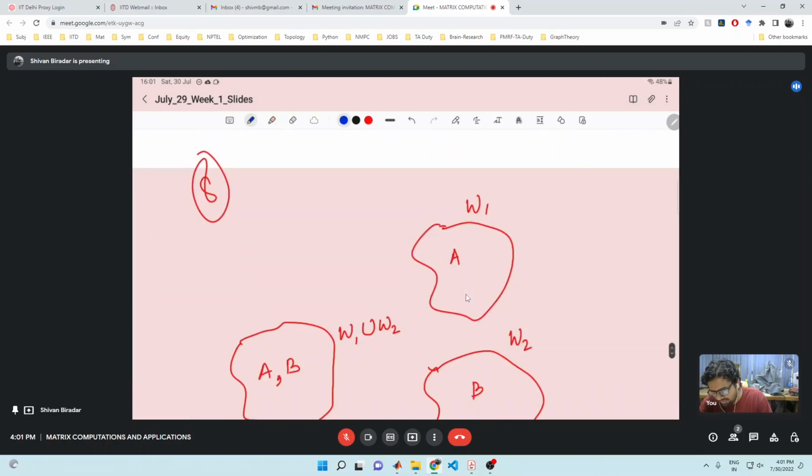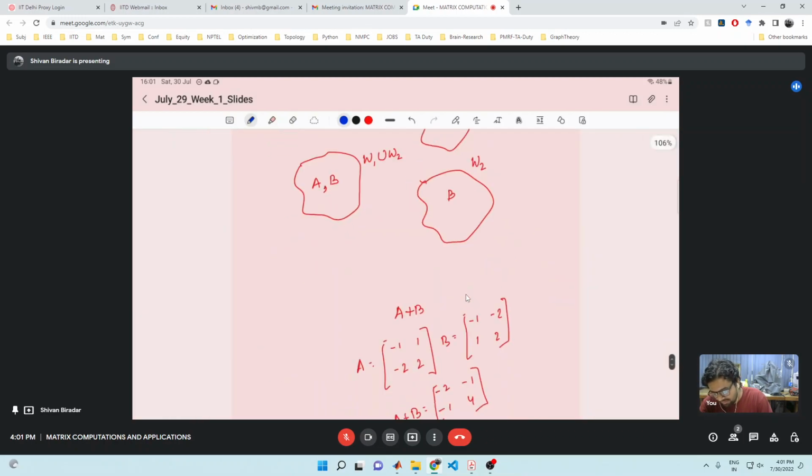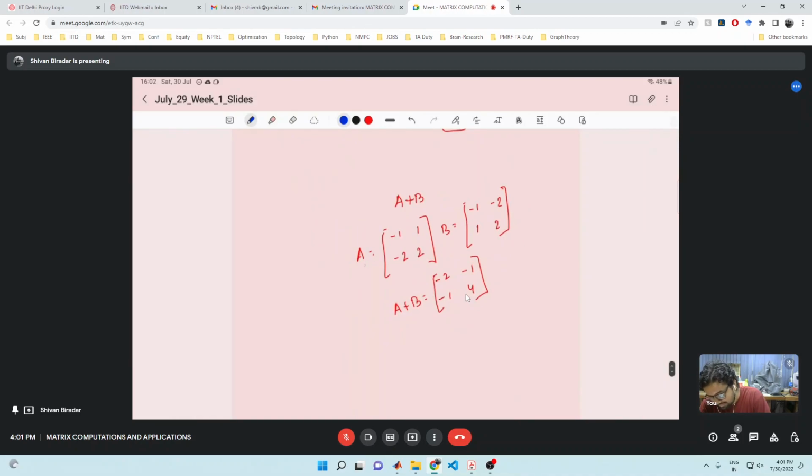So I'll take a simple example here. Let us say that A is this matrix and B is this matrix. A satisfies the row sum property, and B satisfies the column sum property. If I add these two, I'll get this matrix. So the row sum is not equal to 0.